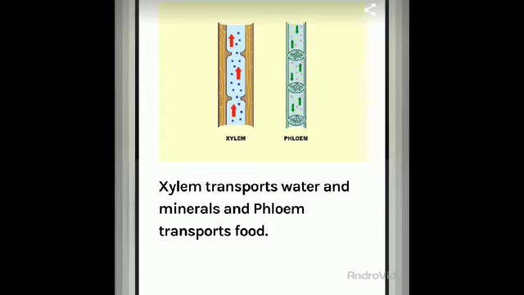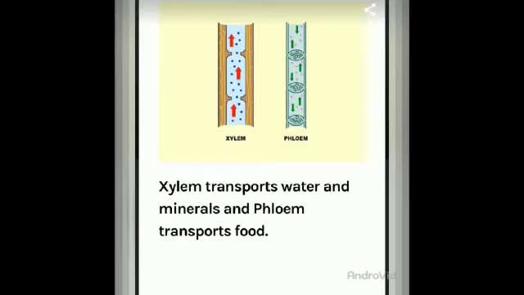So these are the two types which we are seeing, that the xylem and the phloem are the types of complex permanent tissue. And what is the function of xylem? Xylem transports water and minerals, and phloem transports food, which you can see, children, in the first picture.